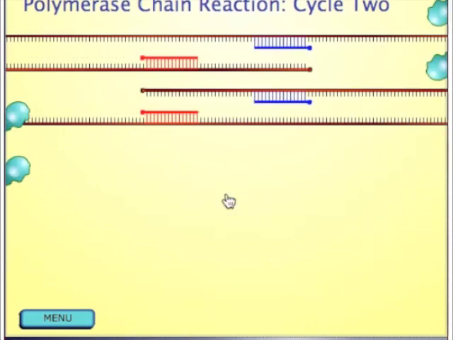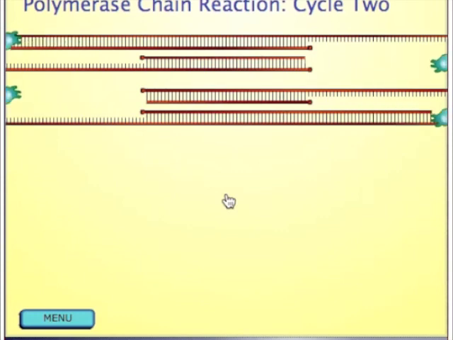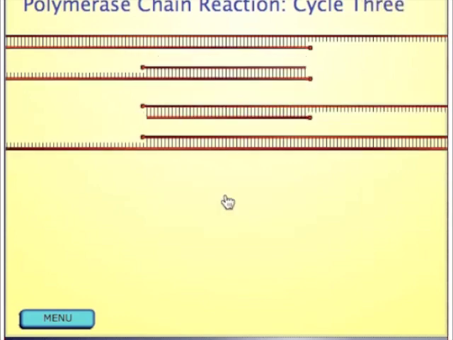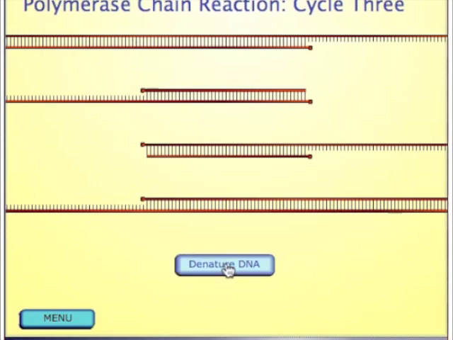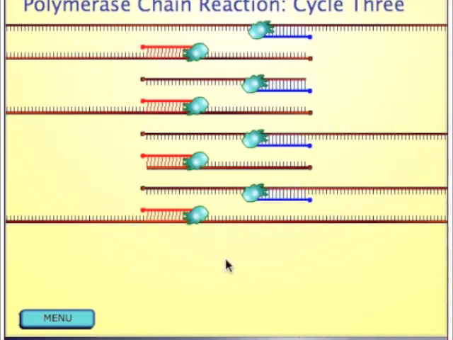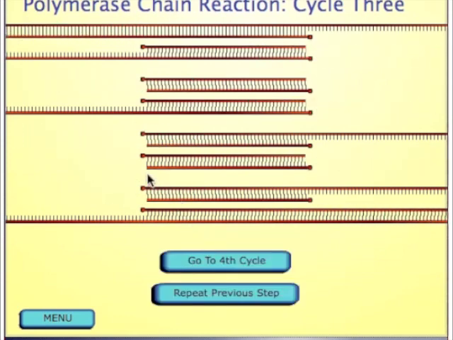The temperature is raised to 70 degrees, and the Taq polymerase extends the DNA. But we still don't have what we want, a double-stranded piece of DNA around the STR. In the third cycle, the steps are repeated: denature, anneal, and extend, and finally we have obtained two double-stranded copies of our target region of interest.